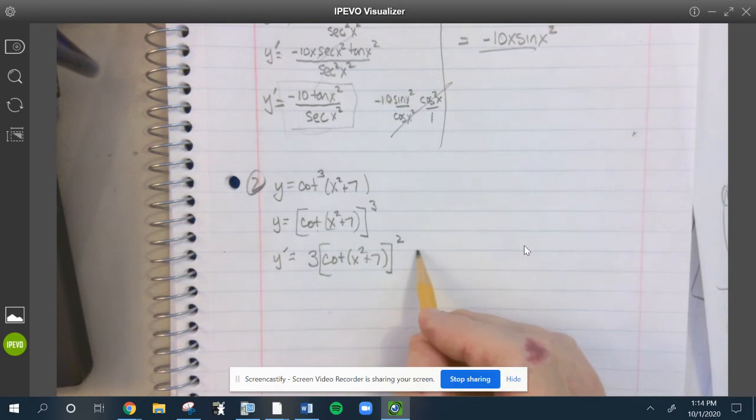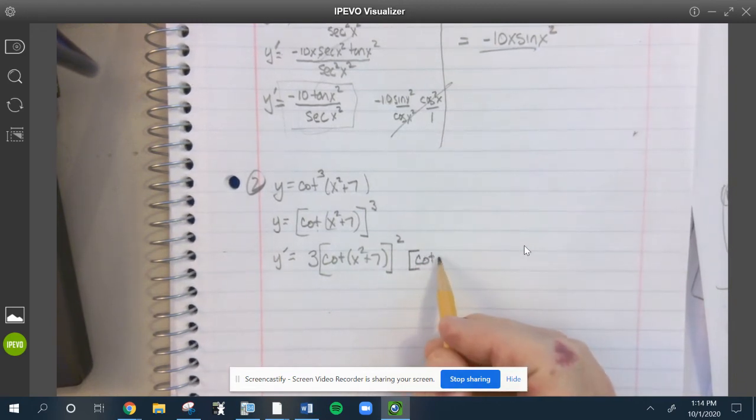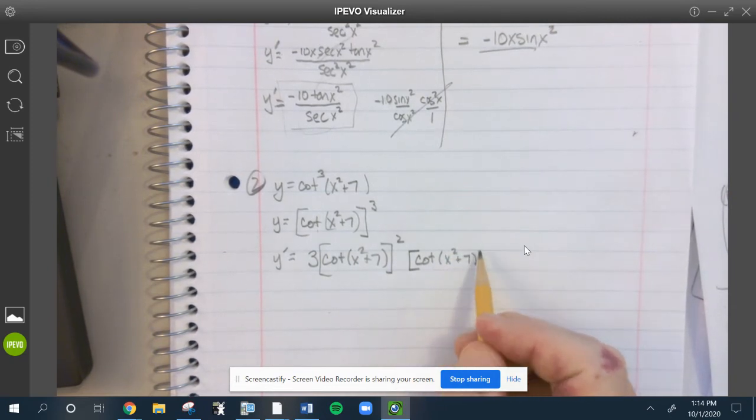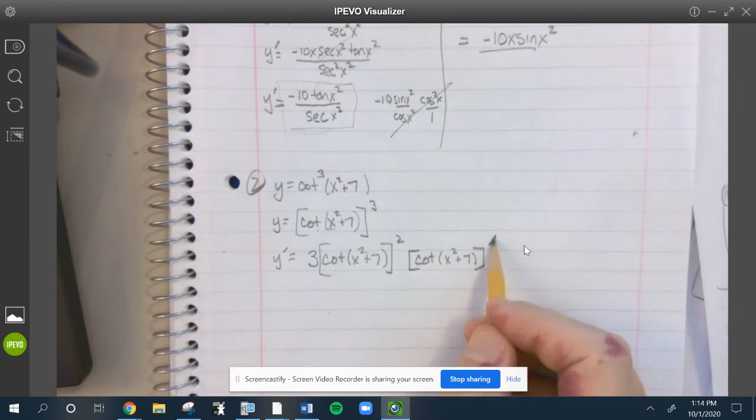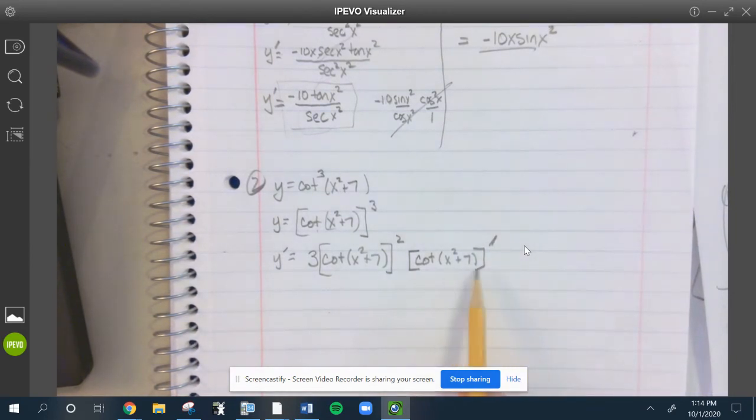Times now the derivative of the inside, which I'm not going to do. I'm just going to write it symbolically. What that does is allows me to now focus on this. So I'm not doing too much at once.